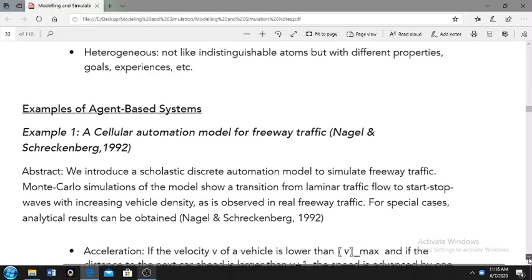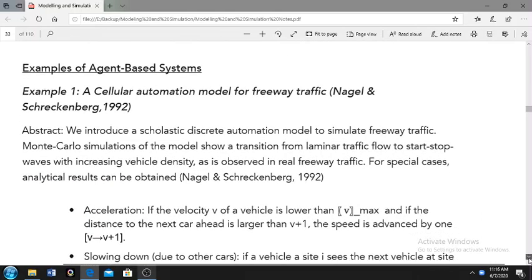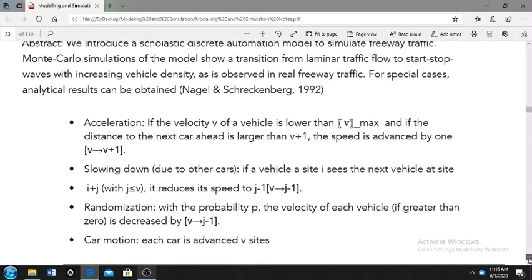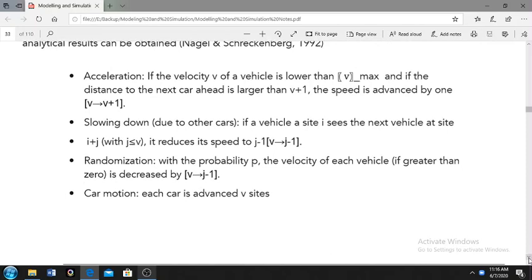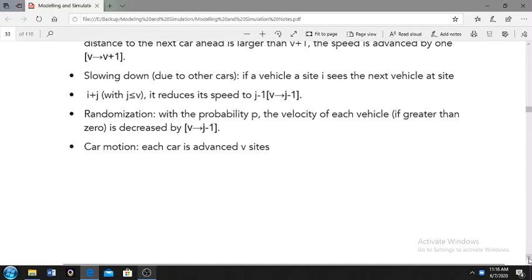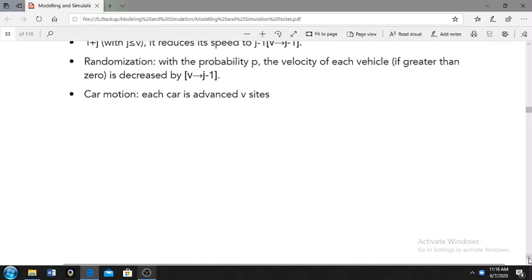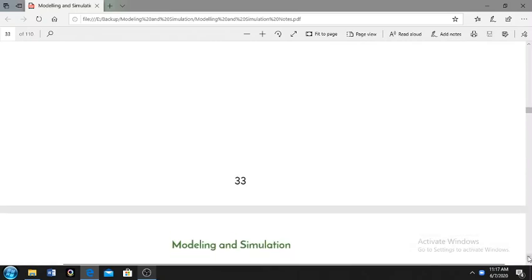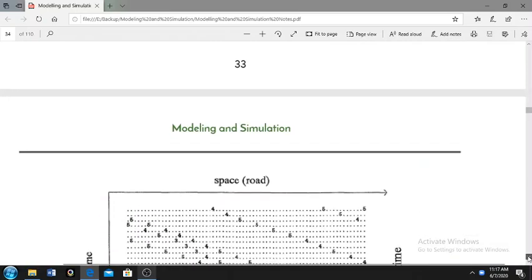Now, example of agent-based system. Agent-based system, 1992. We had very basic systems. Let's go. Here we go.